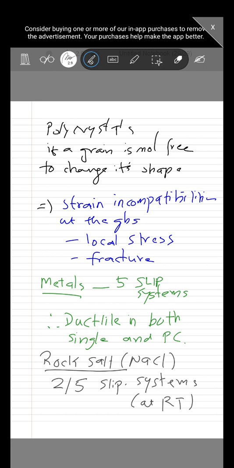Now, from a microstructural standpoint, the transition from brittle to ductile behavior is often correlated with the onset of wavy slip, that is, a slip which is not confined to a single slip plane. In rock salt we have this new concept called wavy slip.